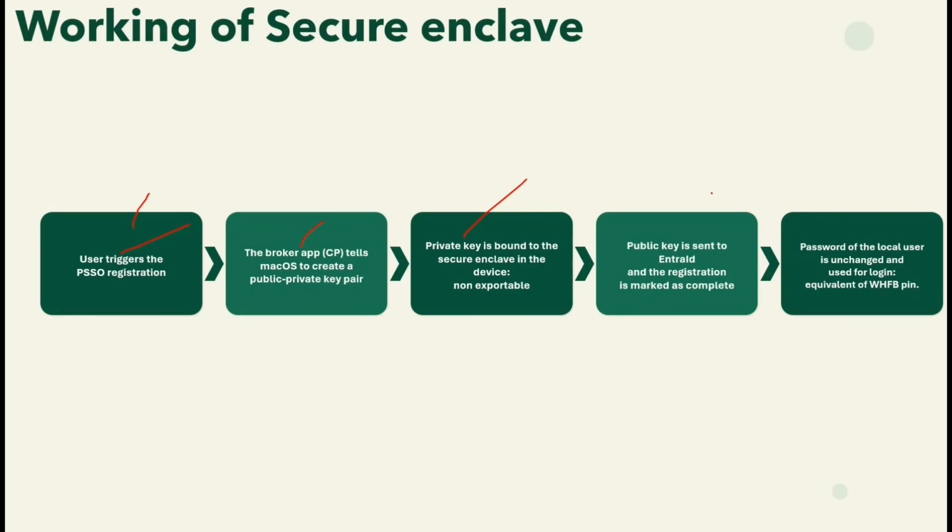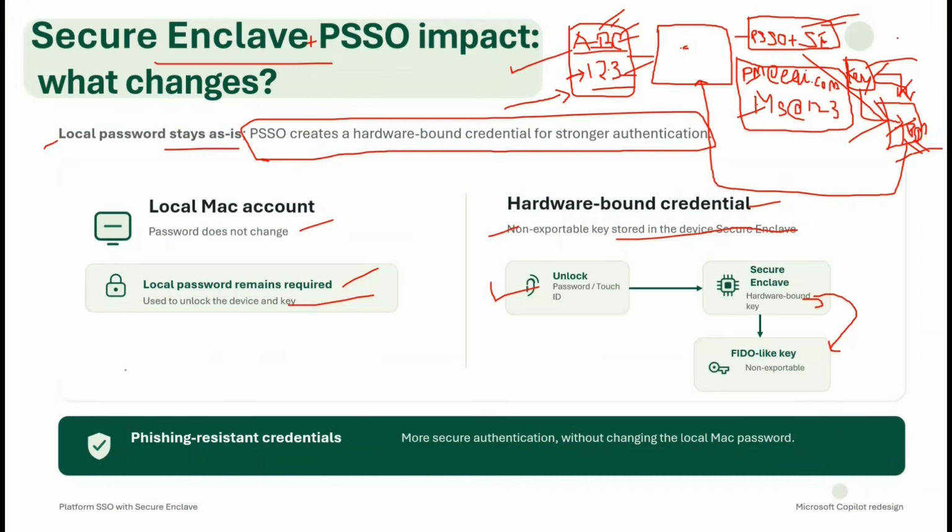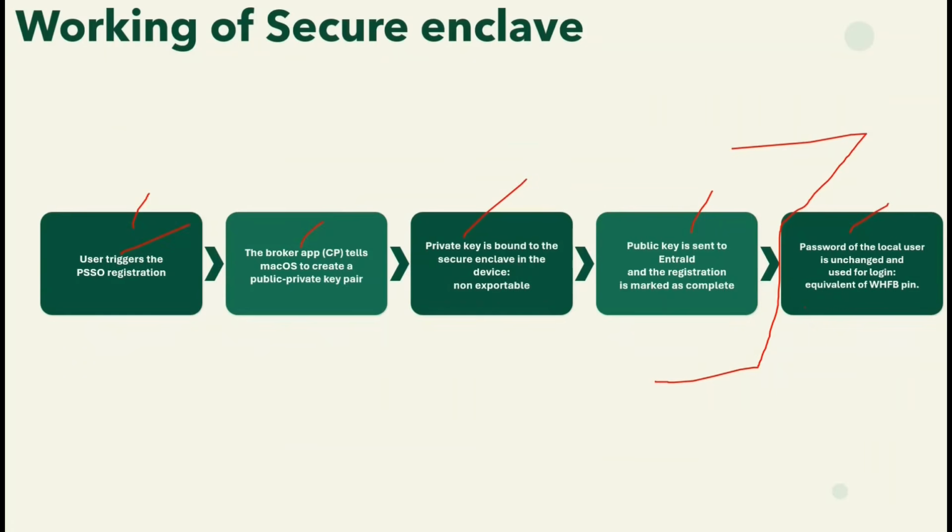The public key is sent to Entra ID, and then the registration is complete. The password of the local user remains unchanged. So once this is done, the end user will still log into the device using the same username and the same password. Yeah. So these are the high level steps.